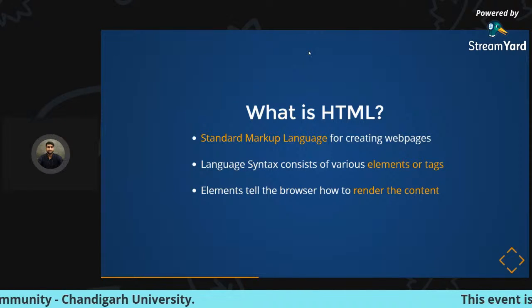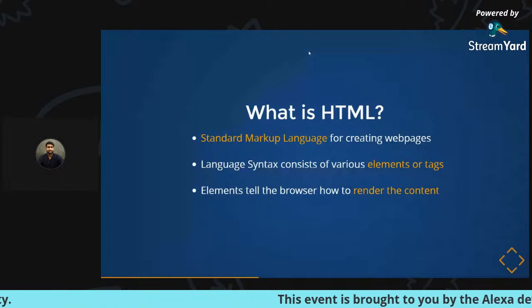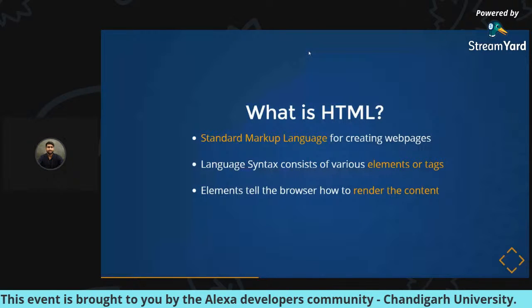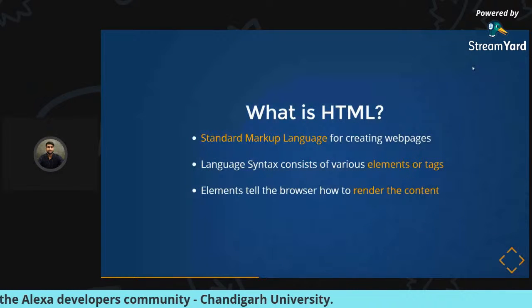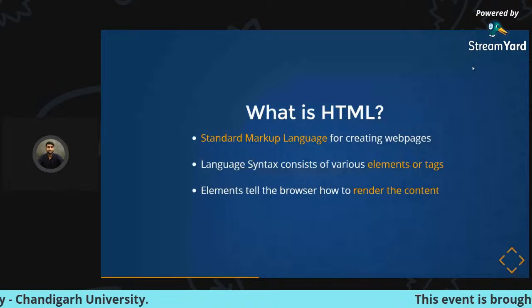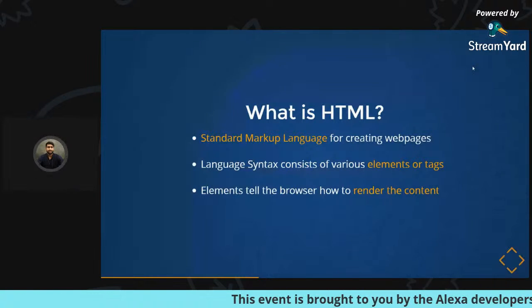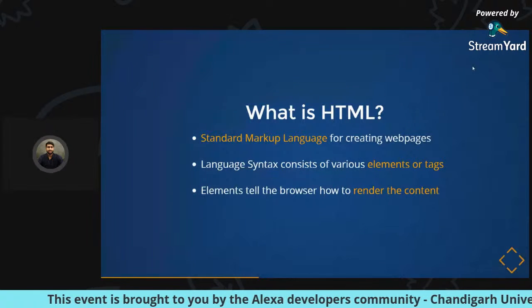For example, you might have come across a programming language till now, as you are in a computer science degree or any degree. There we use many things: variables, functions, classes, objects. But in HTML we use elements. These elements define how the content looks on the screen. These elements tell the browser how to render the content.